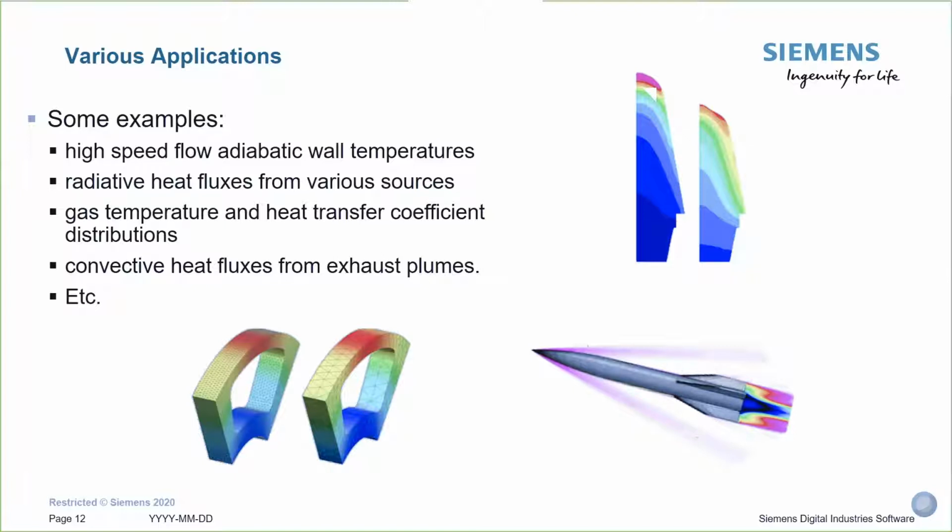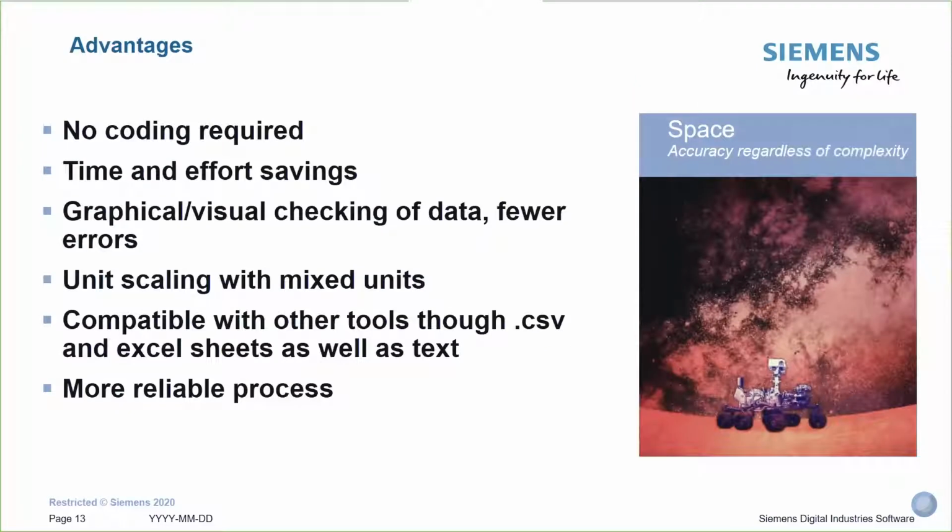Or you could have gas temperatures and heat transfer coefficient distribution over the surface of your spacecraft. You might also have convective heat fluxes coming from exhaust plumes from motors and things like that. There's plenty more examples out there for different physics that you could use what we're going to be showing today.